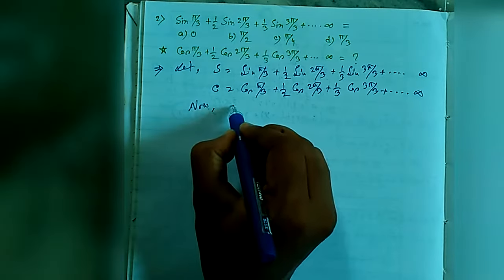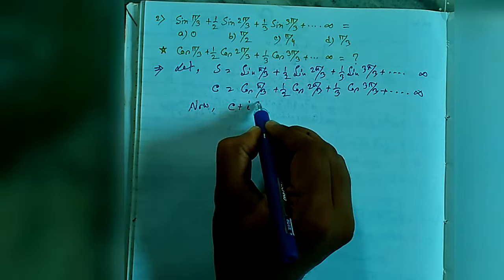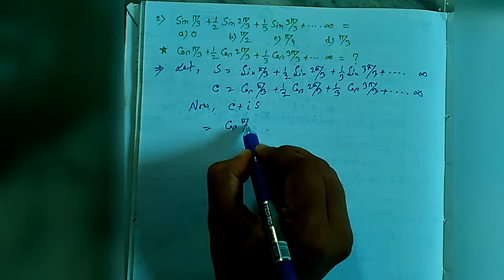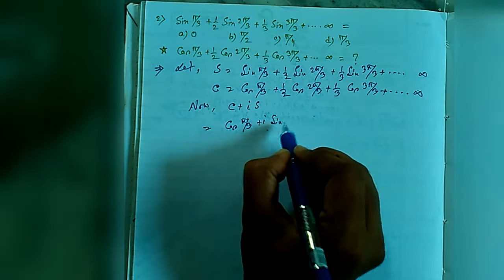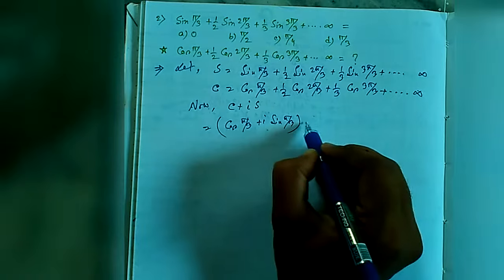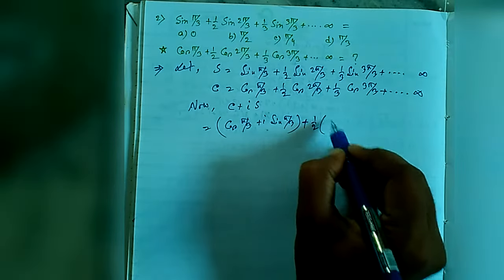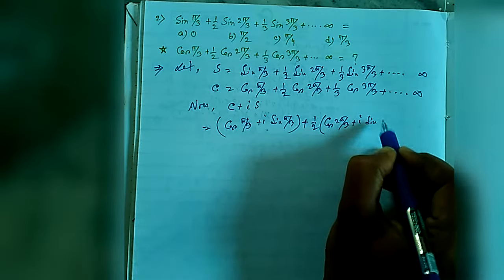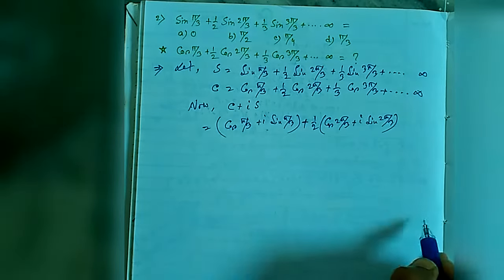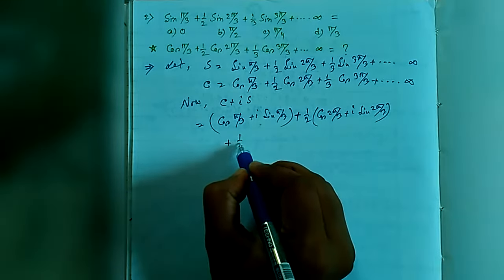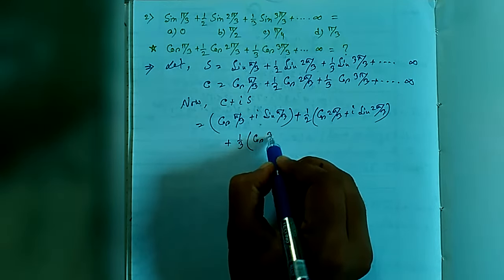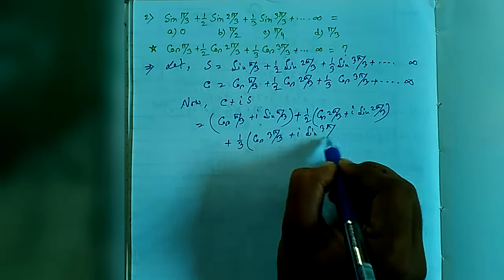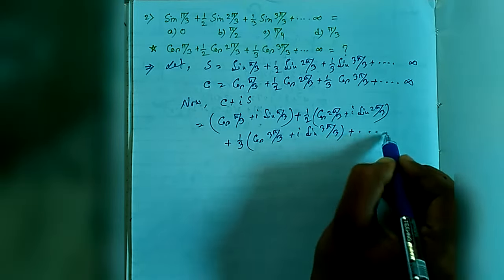Now C plus iS equals what? Cos pi by 3 plus i sin pi by 3, and if we arrange it in this structure, plus half of cos 2 pi by 3 plus i sin 2 pi by 3, plus 1/3 of cos 3 pi by 3 plus i sin 3 pi by 3, plus dot dot dot.